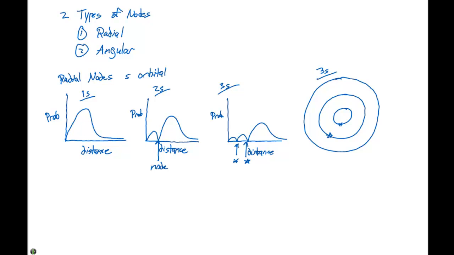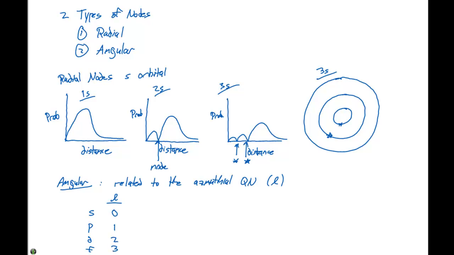Another type of node is called an angular node. And the angular node is related to the azimuthal quantum number, which we abbreviate with an L. And we say that the azimuthal quantum number L for s, p, d, and f orbitals is 0, 1, 2, and 3 respectively.